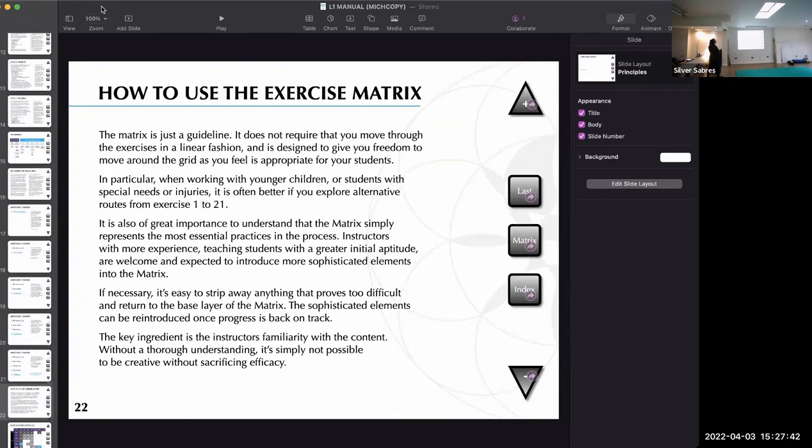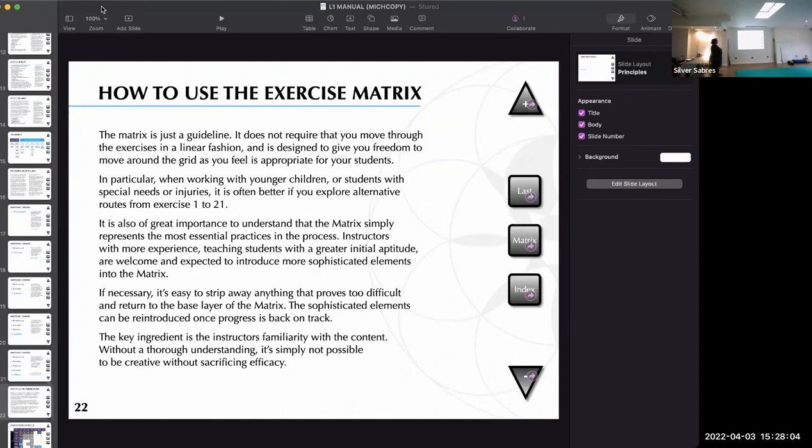It is also of great importance to understand that the matrix simply represents the most essential practices in the process. Instructors with more experience teaching students with greater initial aptitude are welcome and expected to introduce more sophisticated elements into the matrix.